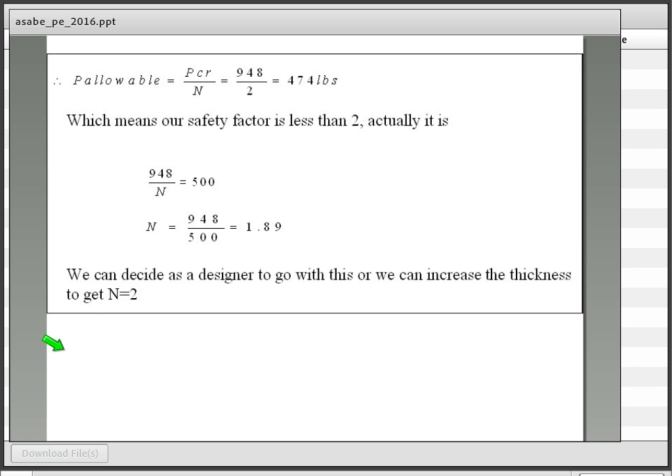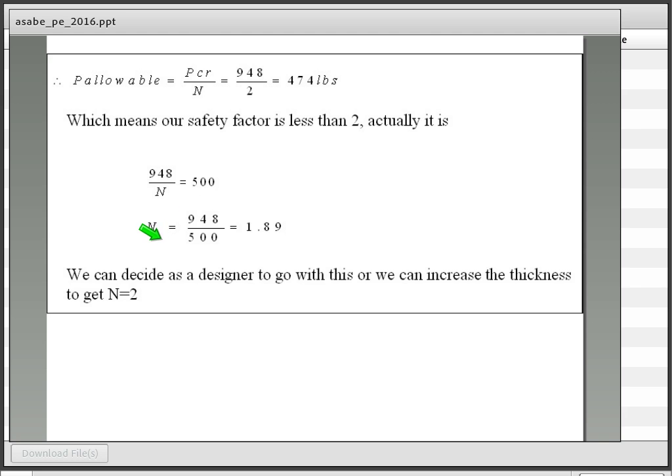So, as a designer, you can decide what safety factor you might want to use in a case like this. I said here that for safety factor, if we had a critical load of 998 pounds and a safety factor of 2, we'd want to be designing for an allowable load of 474, or round it to 500.